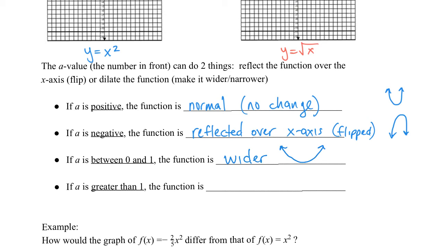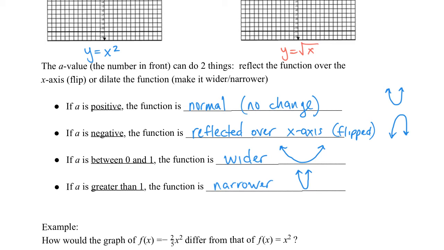And if the number is greater than 1, like 2 or 3 or 10, then it gets narrower. That would be a really skinny parabola. And you can have any combination of this. You could have concave up and wider, concave up and narrower, concave down and wider, concave down and narrower.